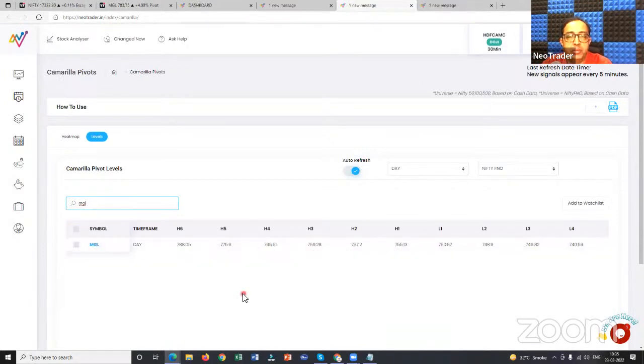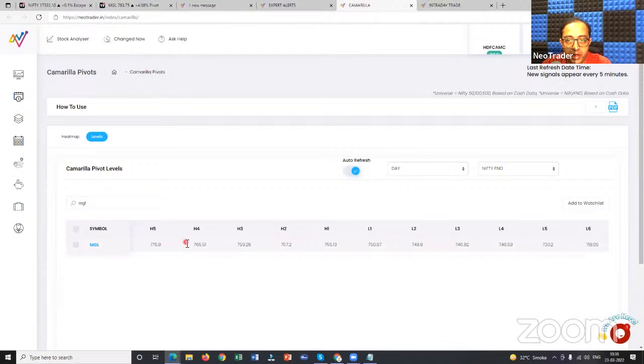And you know what's the beauty of pivot? You know exactly where the levels are, what are the levels, and you can just use these levels to place. And when you have got a pivot, when you have got these levels at your disposal, it makes your trading very easy. You can see here, it's got all the way till L6 and up to H6.